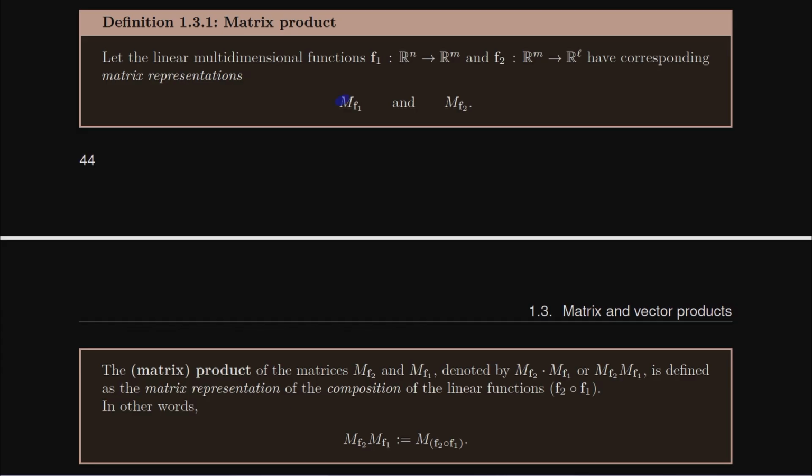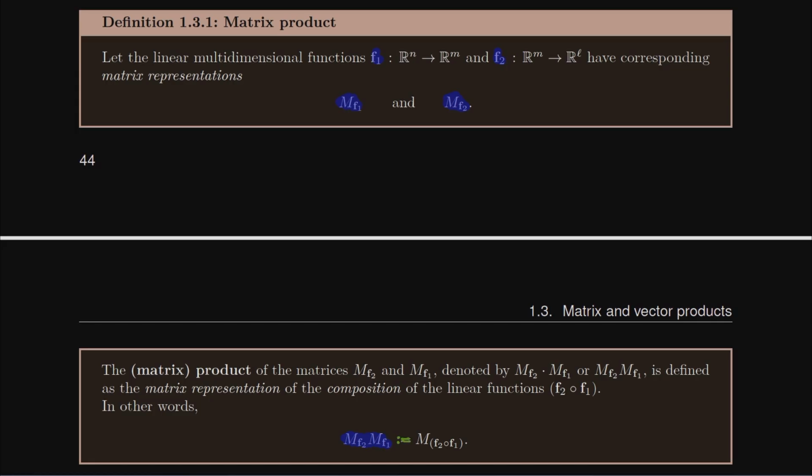We define the multiplication of two matrices M_f1 and M_f2, and I'm just using those subscripts f1 and f2 to describe the functions that they represent, because every matrix represents a function. We're going to define their product, M_f2 times M_f1, that's at the bottom of the screen. Recall this is my definition equal sign.